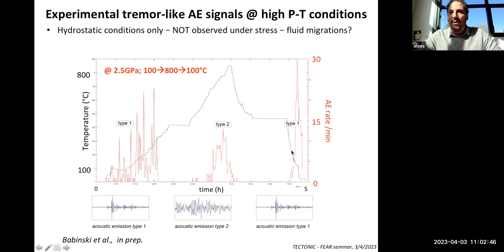And then the most acoustic emission, as people who do acoustic emission will always tell you, is upon unloading or cooling. Here you see the acoustic emission produced upon cooling, again acoustic emission of type 1, clearly impulsive, with P and S wave arrivals.